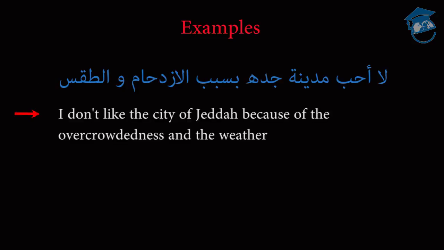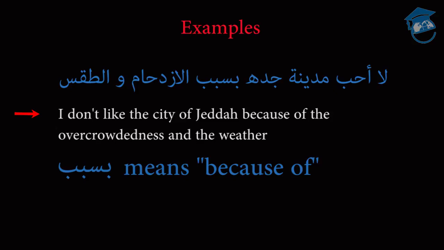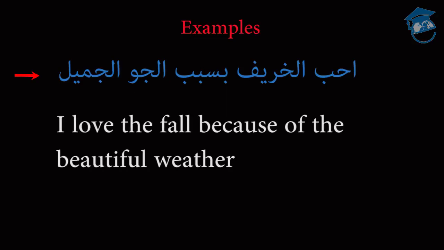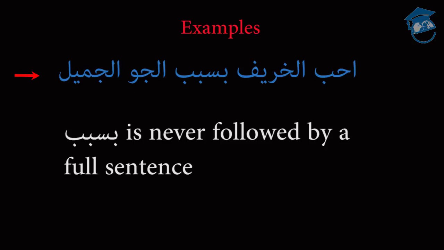I don't like the city of Jeddah because of the overcrowdedness and the weather. Bisabab means because of. In the next example, we have uhibbu al-kharif bisabab al-jaw al-jamil. I love the fall because of the beautiful weather. Remember that when you use bisabab, it's never followed by a full sentence.